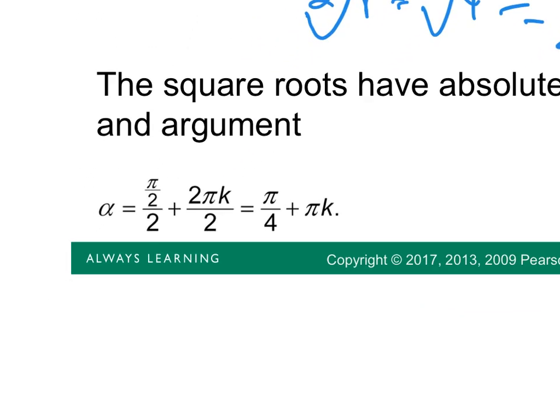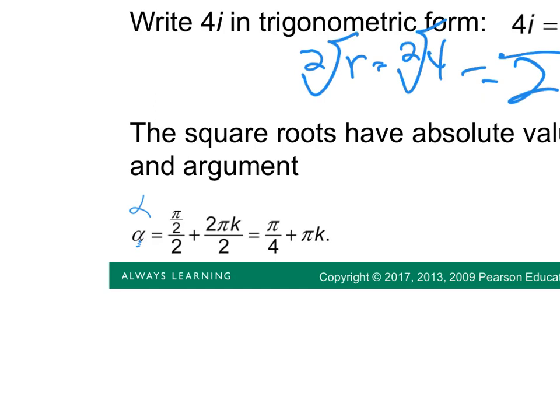But remember what we had on the other page? My new angle, he's calling it alpha. Remember what it was? It was my theta divided by n, plus 360 degrees times k, also divided by n.